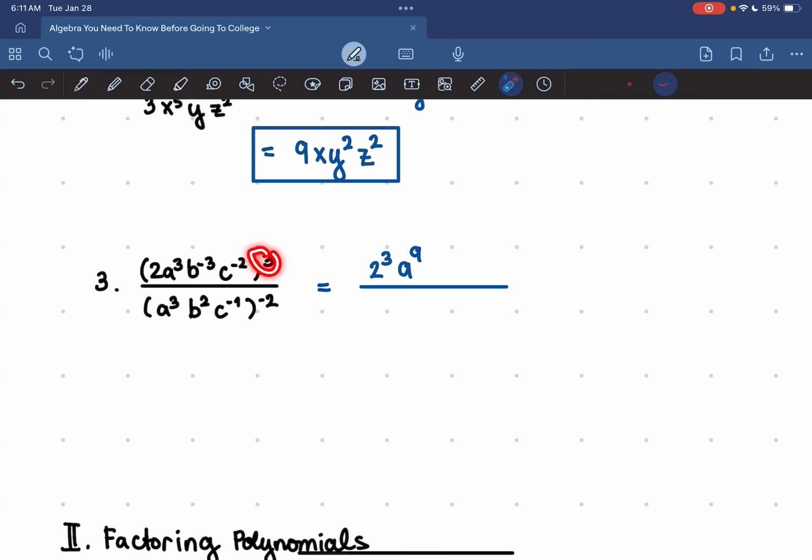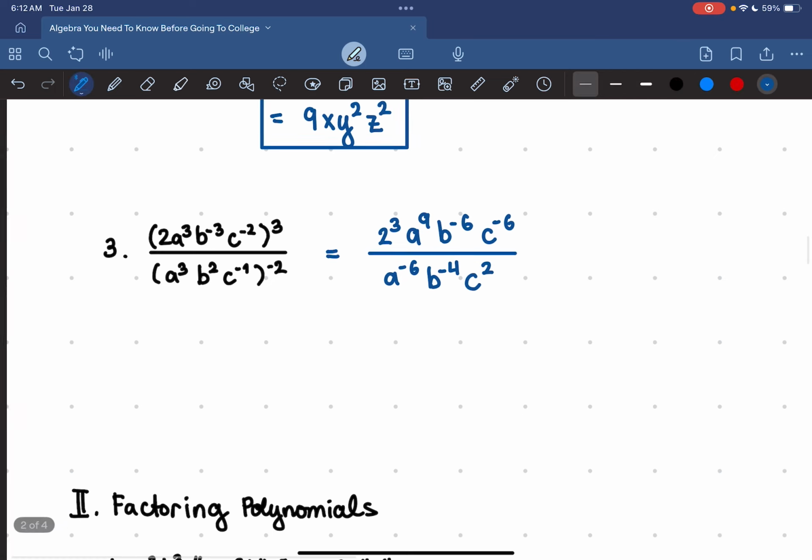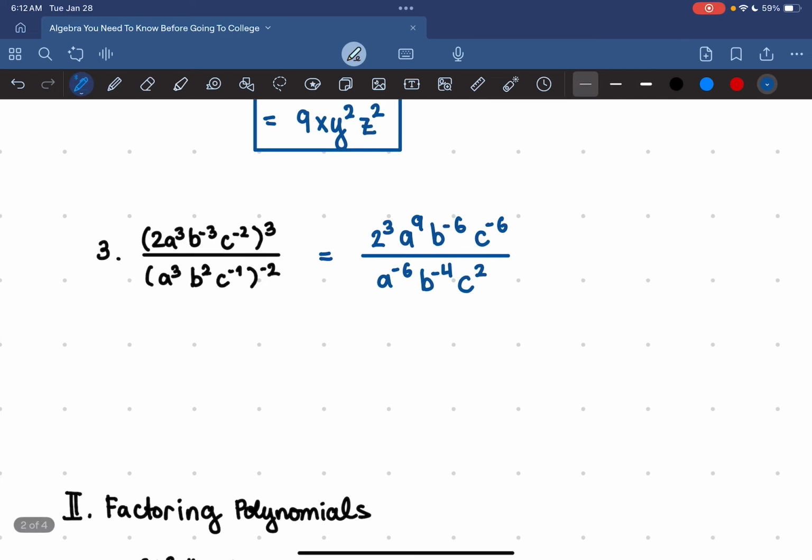Next, 3 here and -3, so we'll have b raised to -6. And then 3 times -2, that will be c raised to -6. Apply similarly in the denominator, just take note that this one is negative. So we'll have here a raised to -6, b raised to -4, c raised to 2. There you go. Yep, that's correct. So next, we apply the similar tactic we did a while ago.